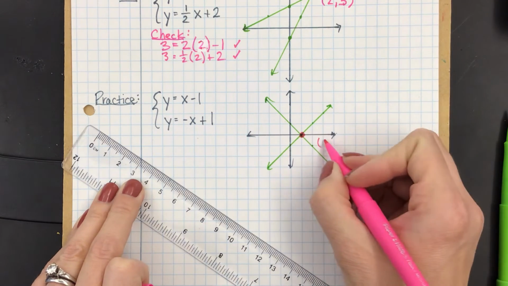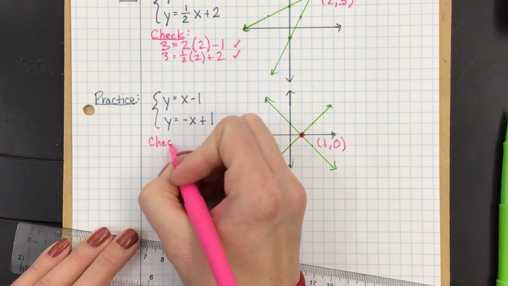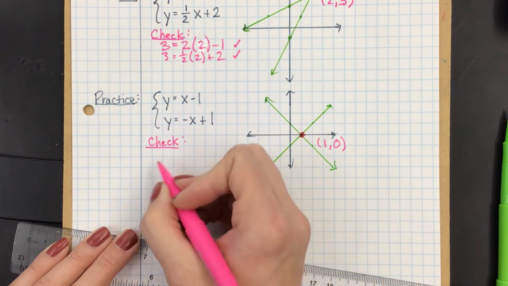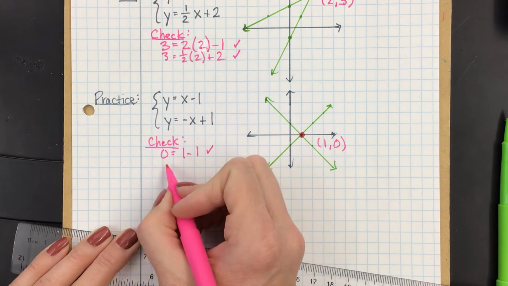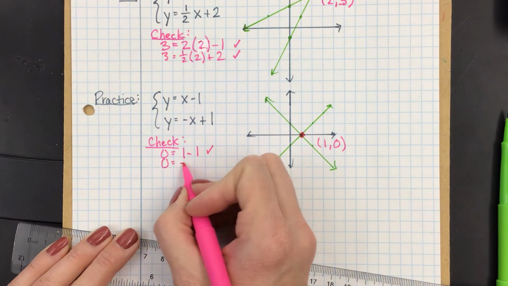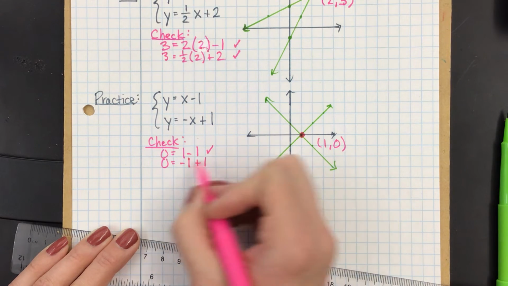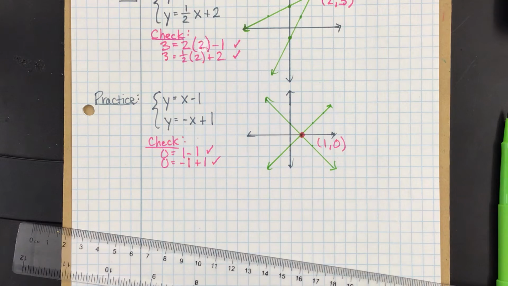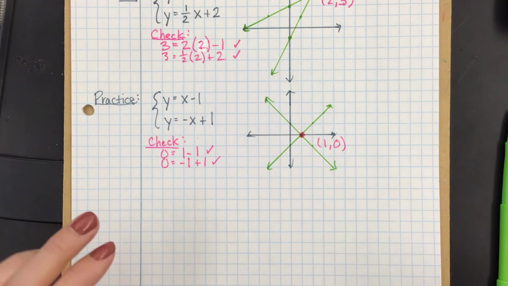So this is the point (1, 0), and I'm going to check it. So this will be 0 equals 1 minus 1. Yep, that's good. And 0 equals negative 1 plus 1. And yep, that's good too. So it works in both of them. You guys good so far?